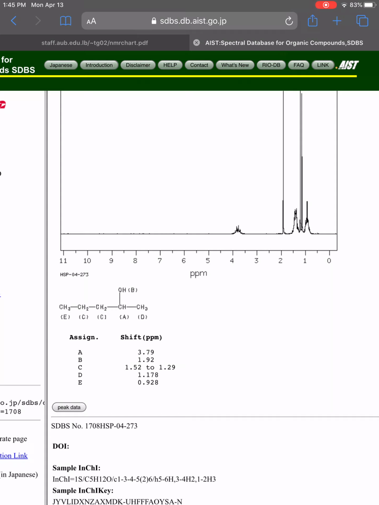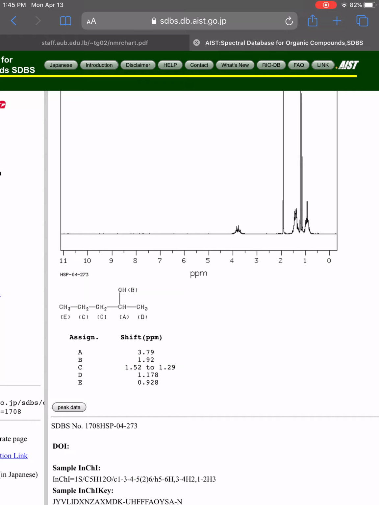So that's a little quirk. The ones that are on carbons directly adjacent to the electronegative atom tend to get de-shielded a little bit more than the ones that are directly attached. But you can see here, signal A, which is CH, is the furthest one downfield at 3.79. Then it's signal B, which is the one directly attached to your oxygen.